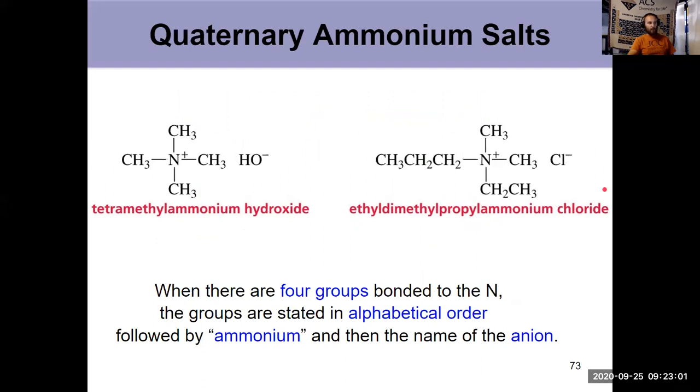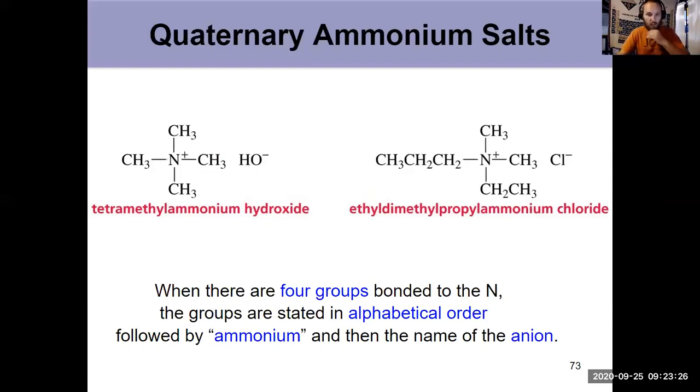Chloride here, hydroxide there. 4 methyl groups, tetramethylammonium hydroxide. Over here, ethyl, dimethyl, propyl, ammonium chloride. And I don't have to include the N's in this situation where it's a quaternary salt because I'm listing them all going around the nitrogen by default.